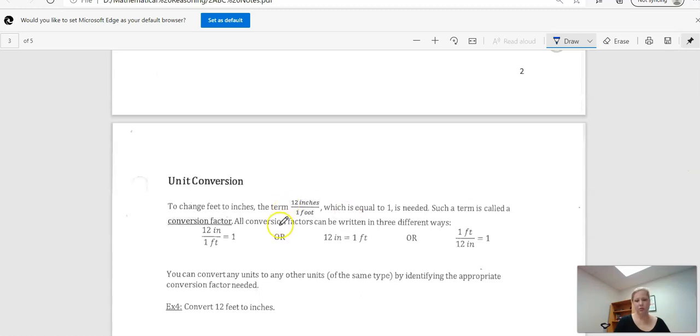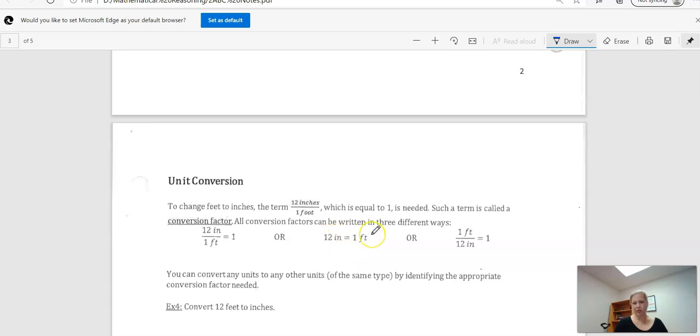So unit conversion. To change feet to inches, we know that 12 inches is in 1 foot, which is equal to 1. Such a term is called a conversion factor. All conversion factors can be written in 3 ways, and we've already kind of introduced this. We can say 12 inches over 1 foot is 1.